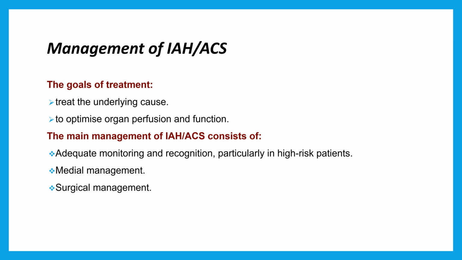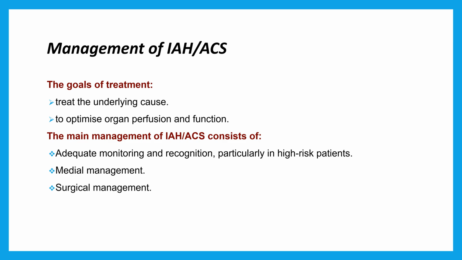Now we have a patient with intra-abdominal hypertension or abdominal compartment syndrome. What we have to do, as in any management, is first treat the cause, to break the cycle as we can.